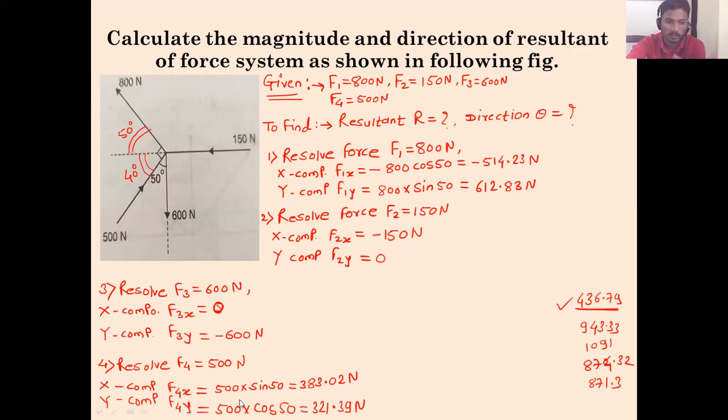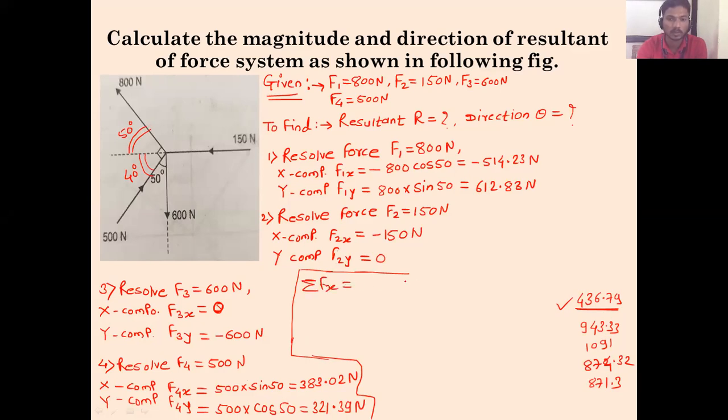Yes, sir. But here sin 50 and cos 50 will not be the same, no? So tell me now next. After finding this out, what do we have to do? Summation of all x components. Tell me the summation.